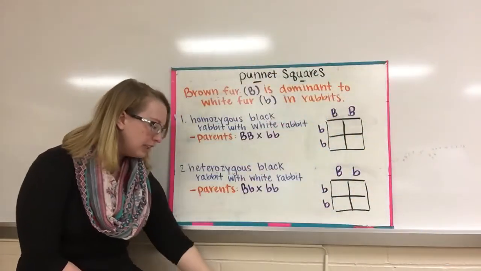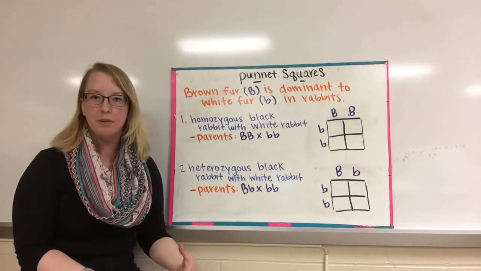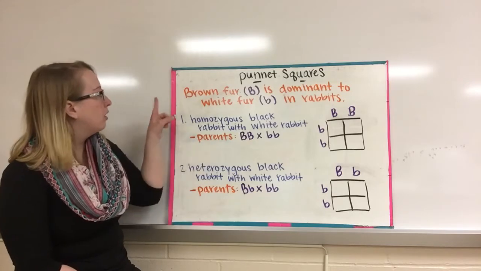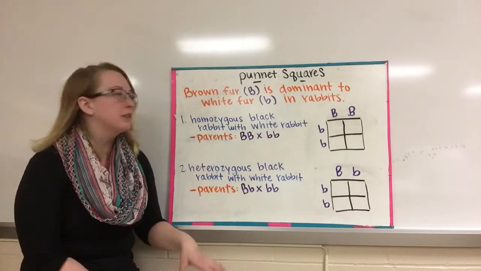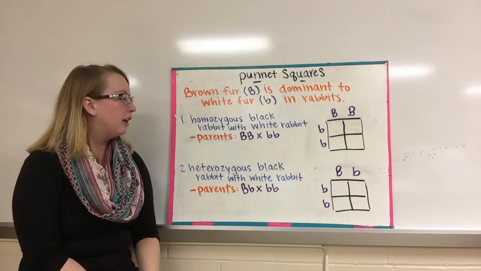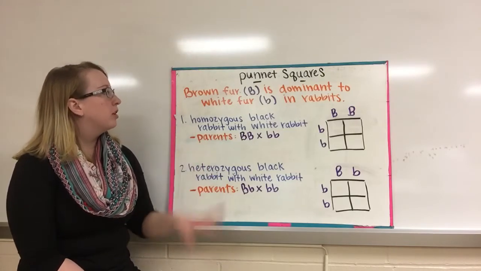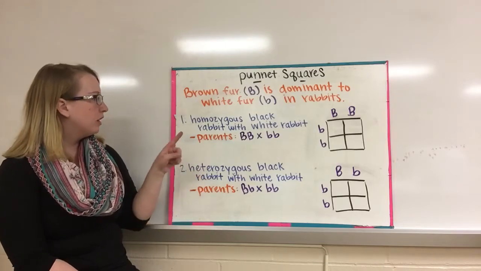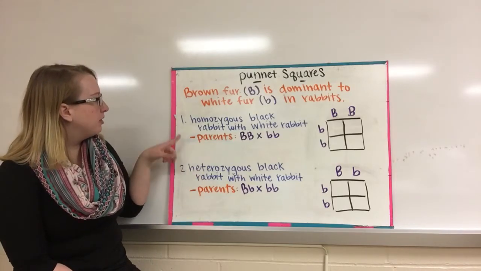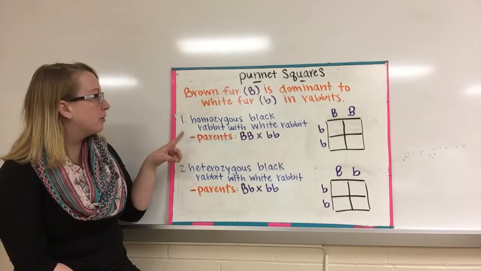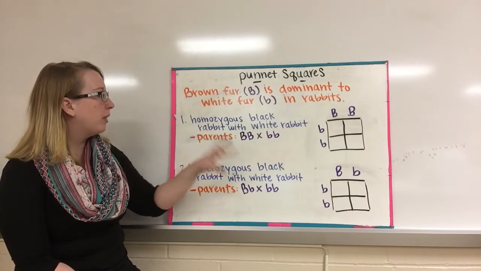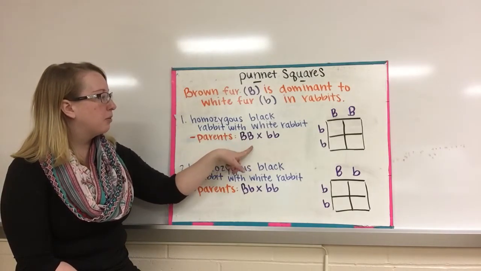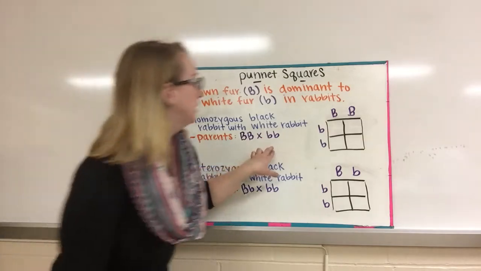Now, to predict what fur an offspring of a pair might have, we would use Punnett squares. So I did an example where brown fur is dominant to white fur in rabbits. My first example is a homozygous brown rabbit mixed with a white rabbit. So the parents are capital B, capital B, and then two lowercase b's.